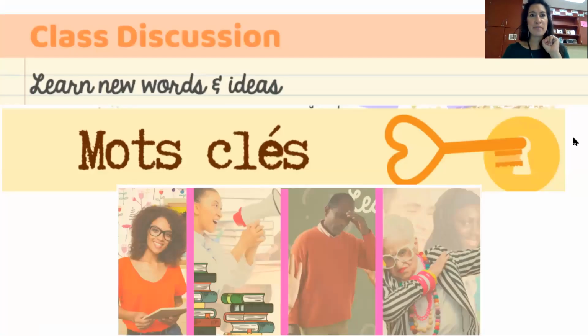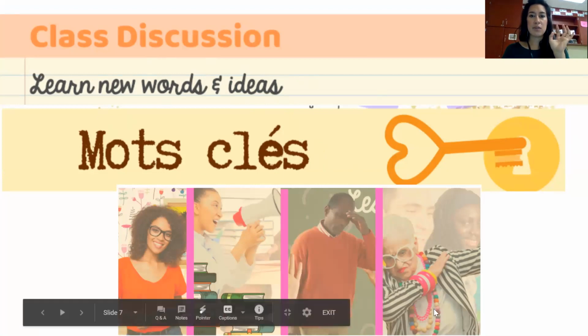Okay, so now you're back here with me. We're going to move on to the main event, which is our class discussion, learning new words and ideas. After that, or during this part of the video, if you're learning from home, then you can have the discussion on one side, the video on one side, and the keywords box on the other, and you can actually do that as you're listening. And then after the keywords, there's going to be a few multiple choice questions for you to answer based on having understood, like for yourself, your own preferences.